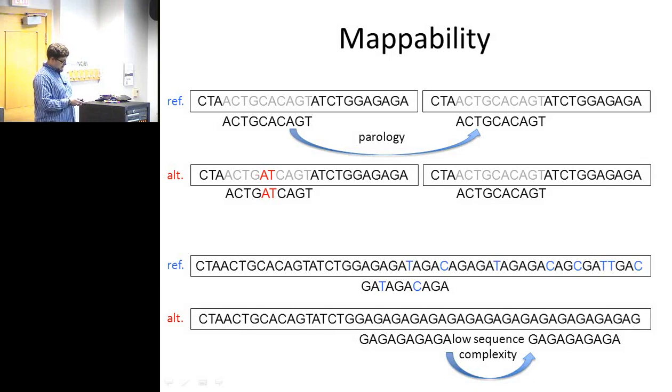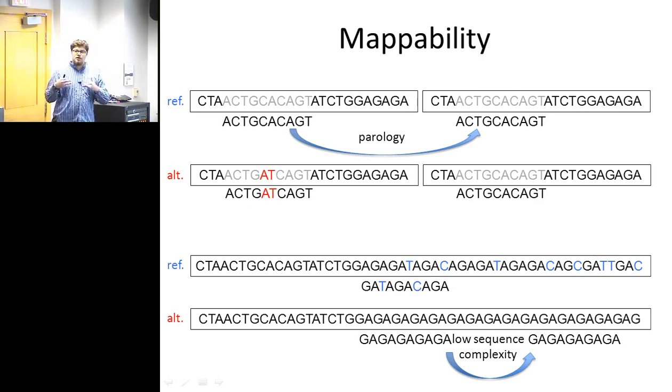So in this case, I'm highlighting in the alternative genome a small microsatellite, a GA repeat region, making it also impossible to determine the exact origin of this particular sequence read. However, in the reference genome, this area of low sequence complexity happens to be broken up by some base changes, making it possible to determine the genomic origin of this particular read.